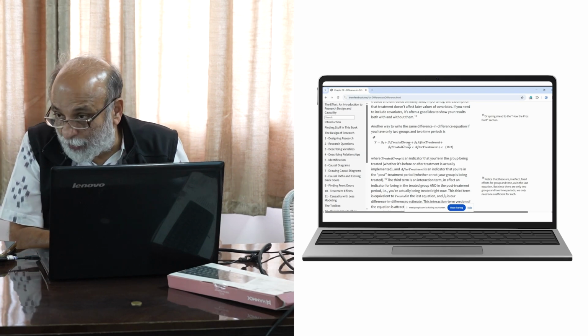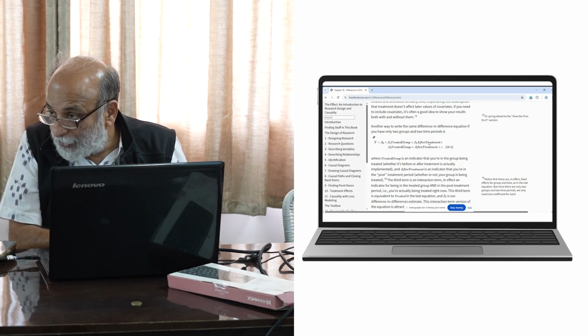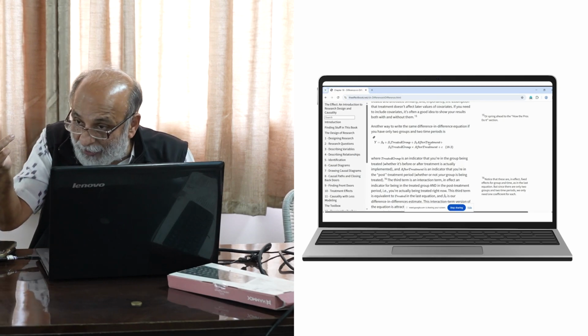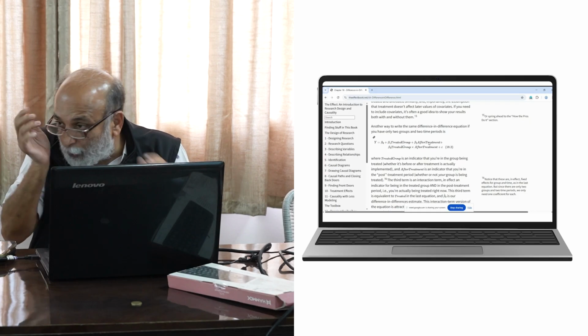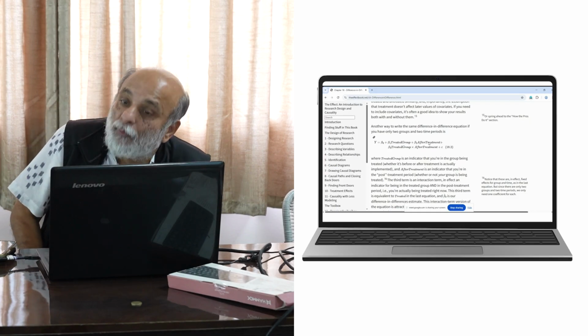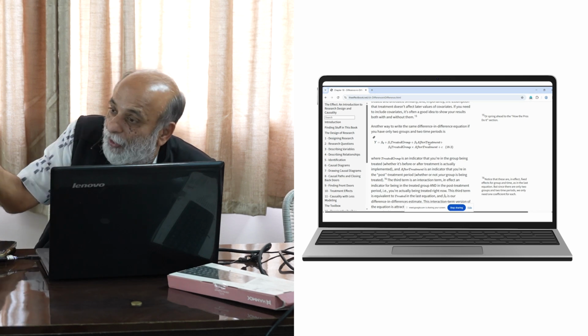Right? So this is the treated group. Right? This is after treatment. So the dummy is 1 for all time periods after treatment, 0 before treatment. Right? So you've got two dummies. One dummy which is 1 for treated groups, irrespective of before and after treatment.